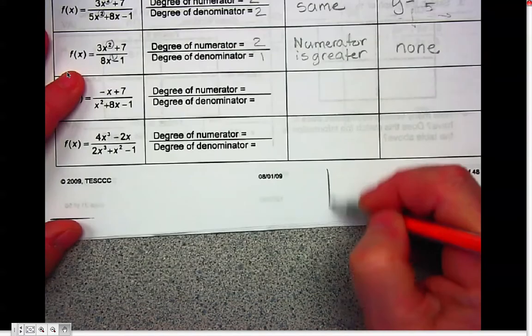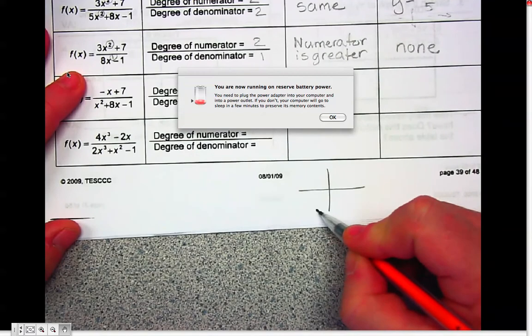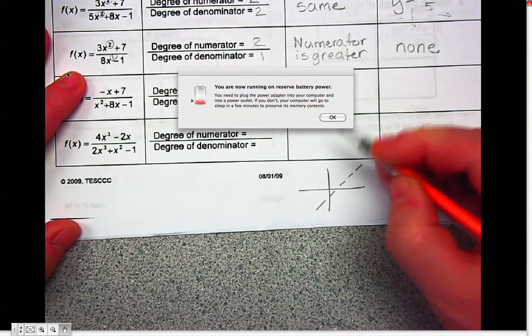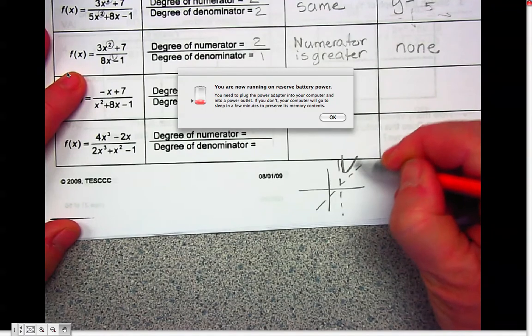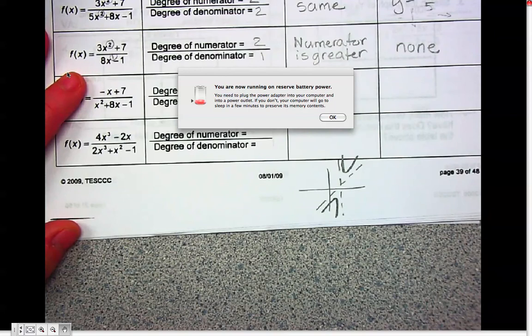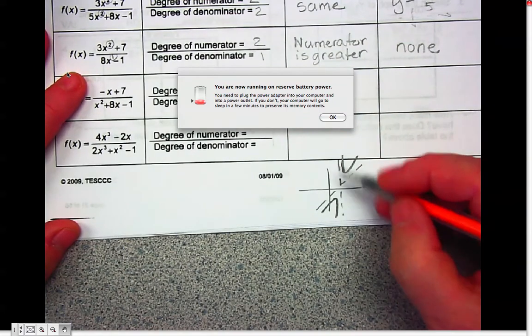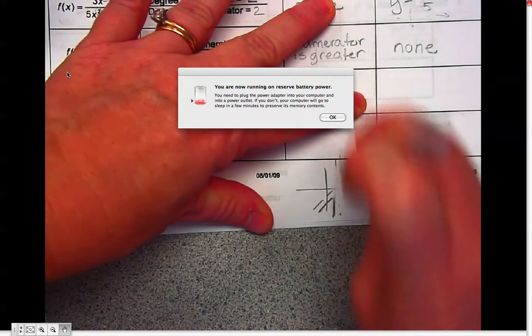It looks funny. Okay, it looks something like, if this was the slant asymptote and that was the vertical asymptote, it looks like this. You will have a vertical asymptote, but you just won't have a horizontal. You can only have a horizontal or a slant, not both.